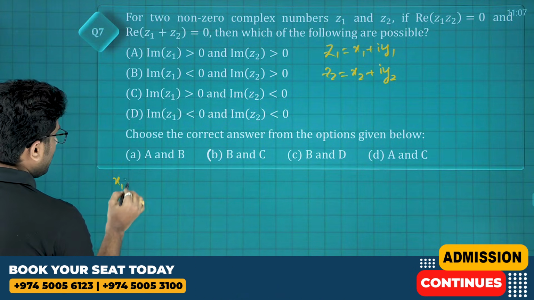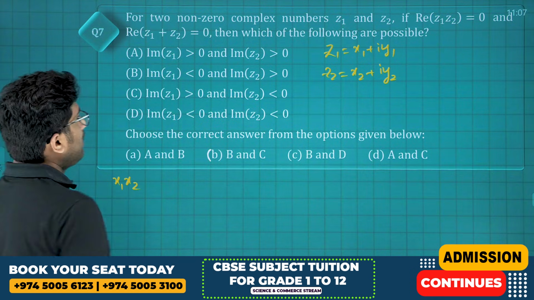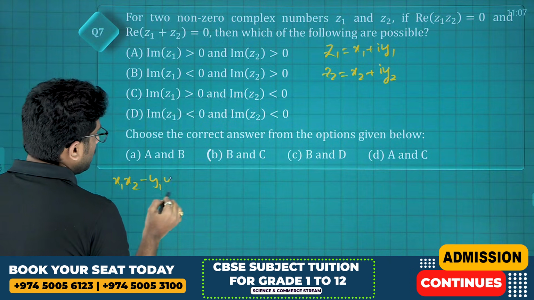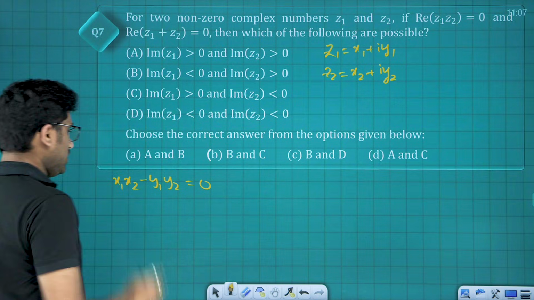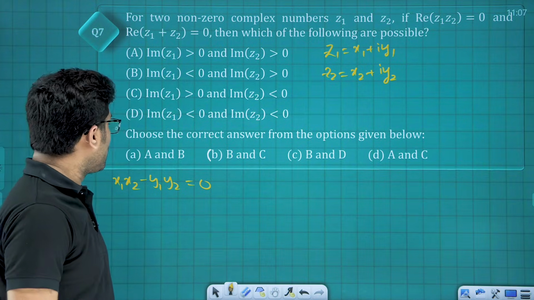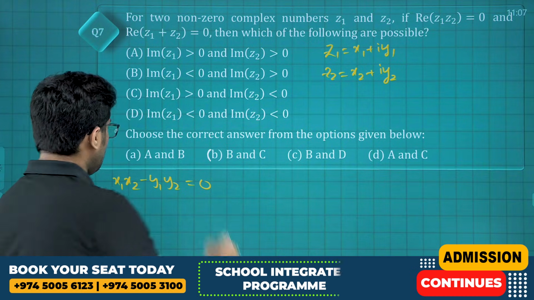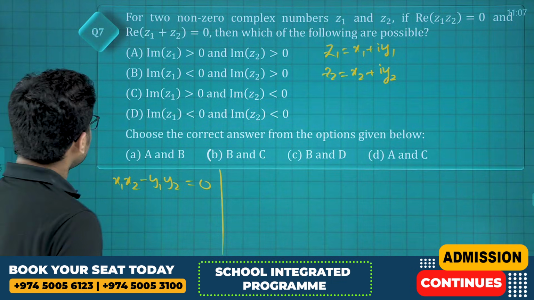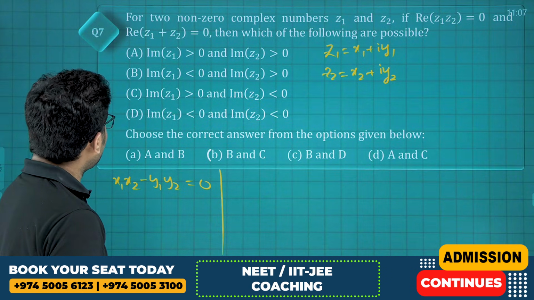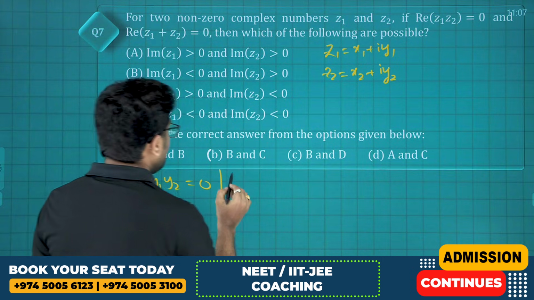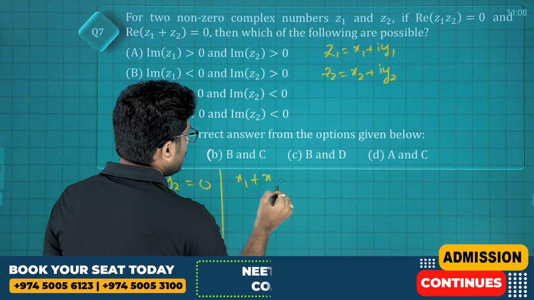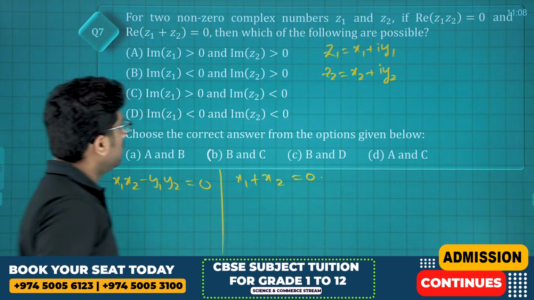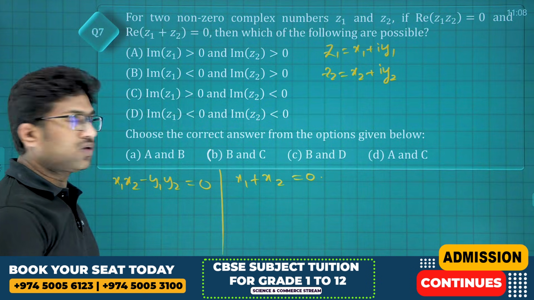That is x1 x2 minus y1 y2 is equal to 0. Next, real part of z1 plus z2, that is x1 plus x2 is equal to 0.